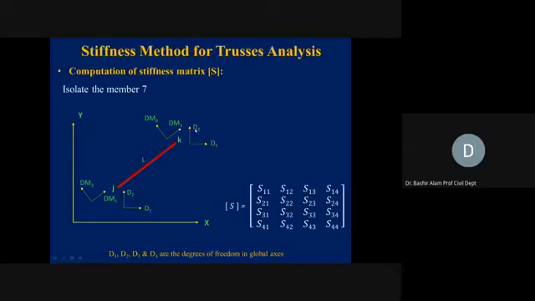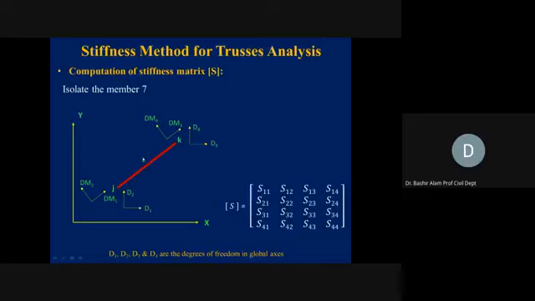So D1, D2, D3, D4, these are the displacements at the joints of the member in the global coordinate system. And DM1, which is along the axis of this member, M is for the member, displacement in the member axis along direction 1 now. So these are the displacements in the local coordinate system, DM1, DM2, DM3, and DM4.